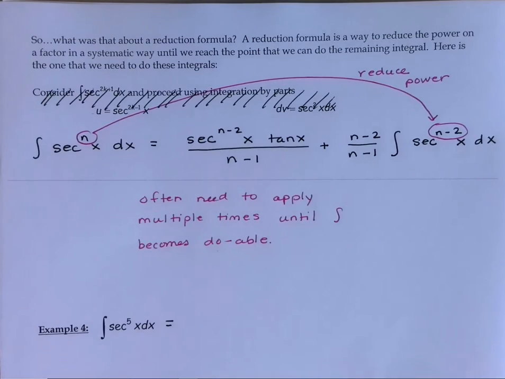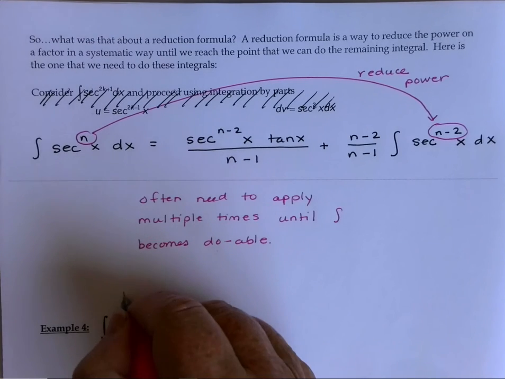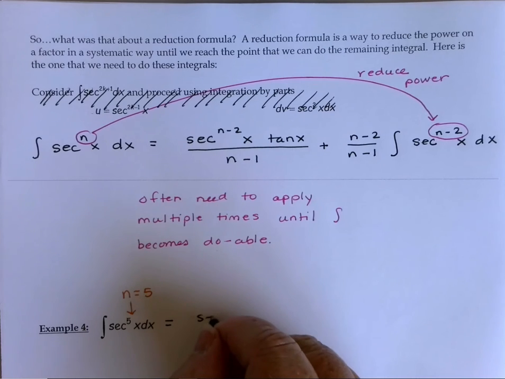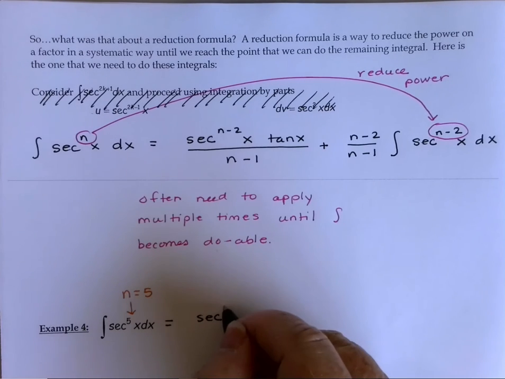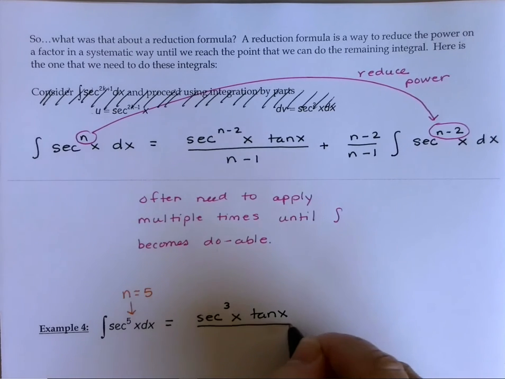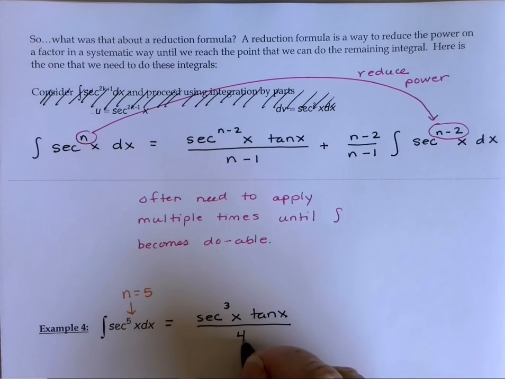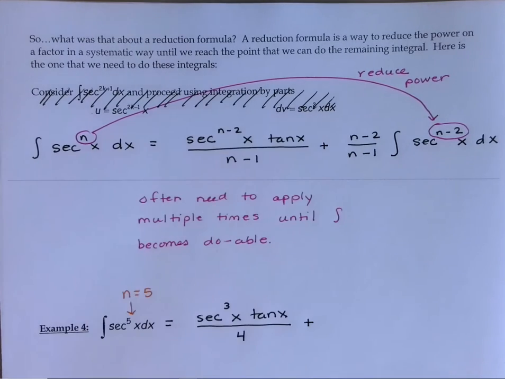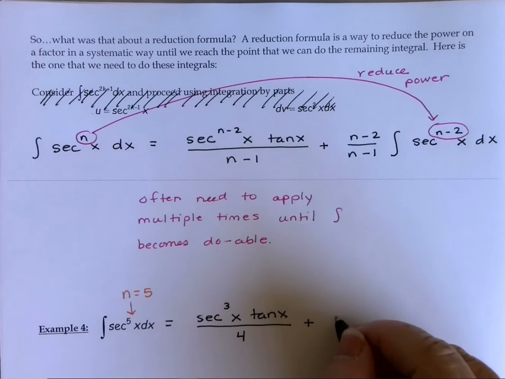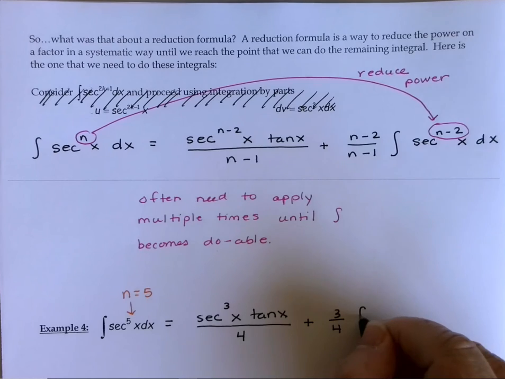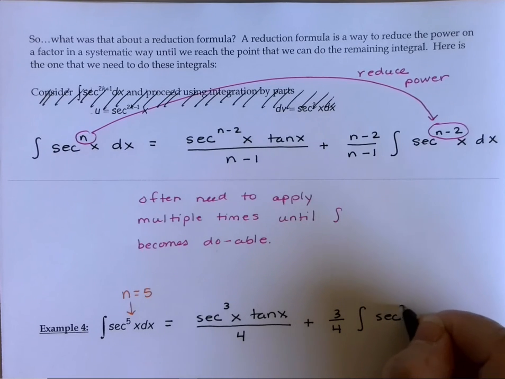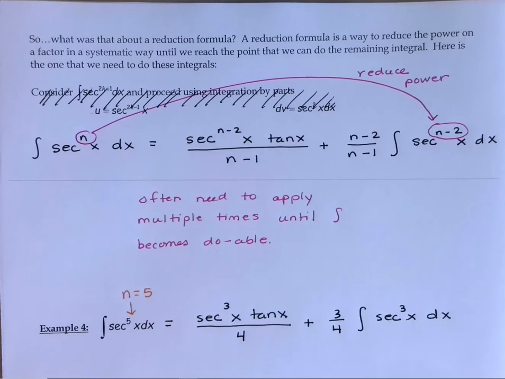We've got an n of 5, right? So I would have secant to the 5 minus 2, or cubed, of x, tangent of x, over n minus 1, which would be 4, plus n minus 2 over n minus 1, which would be 3 over 4, times the integral of secant to the 3rd power of x dx.